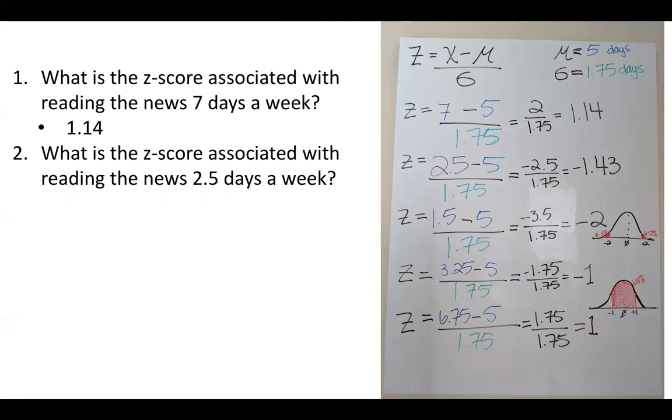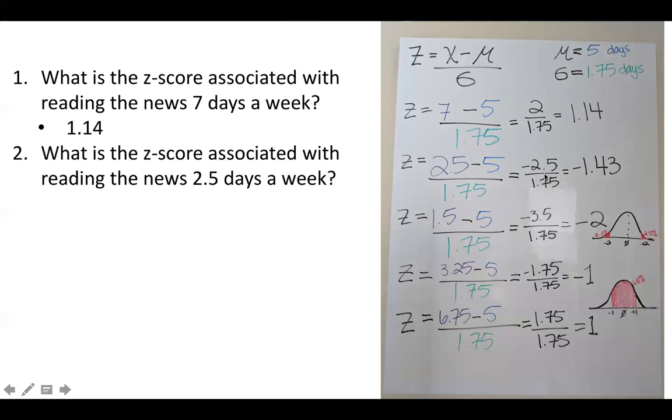Next, what is the z-score associated with reading the news 2.5 days a week? Here again, I have that same calculation for z, and I plug in as my value of x, or my observed data point, 2.5. From it, I'm going to subtract 5, which is my mean, and then divide it by my standard deviation of 1.75.